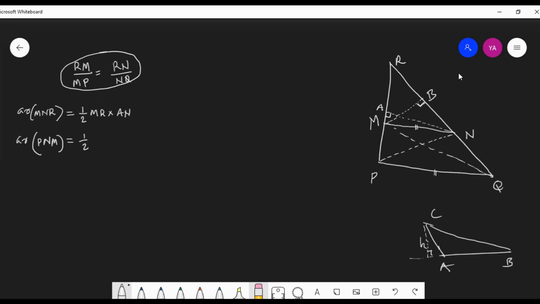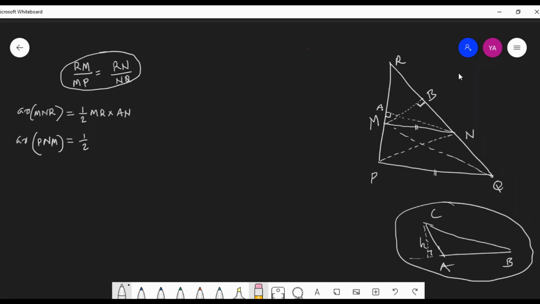Suppose AB is chosen as the base. Then the height from AB to the third vertex will be AN, right? Compare with this picture. For this triangle ABC, if AB is chosen as the base, the height will be outside the triangle.